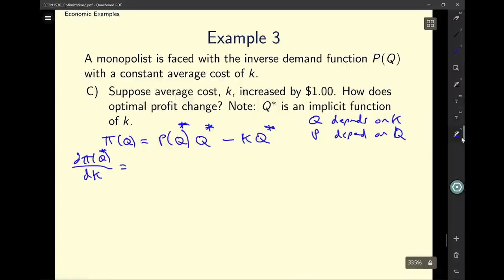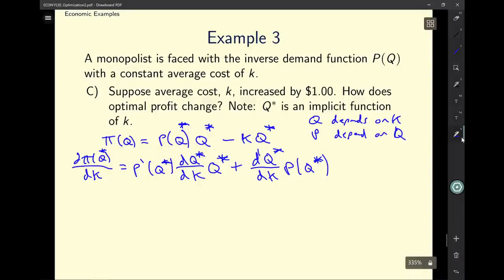Well, we have P prime, Q star, K. And we need a Q star right there.